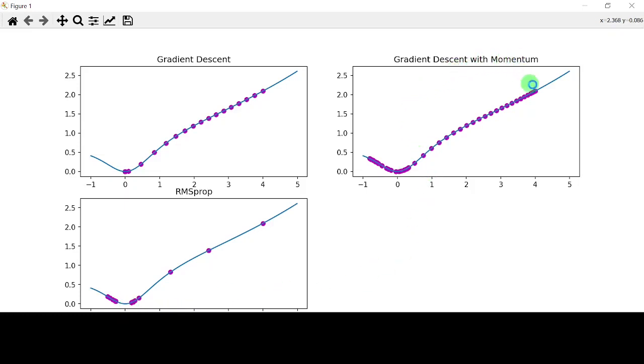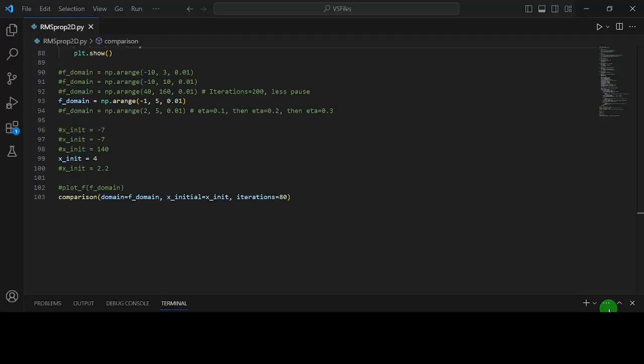Now, gradient descent with momentum reaches the minimum eventually, but it has this tendency to go up like this. And in this situation, the momentum is actually counterintuitive because it's not needed, or there's no bumps to go over with the momentum, but you'll see another example of that in a second.